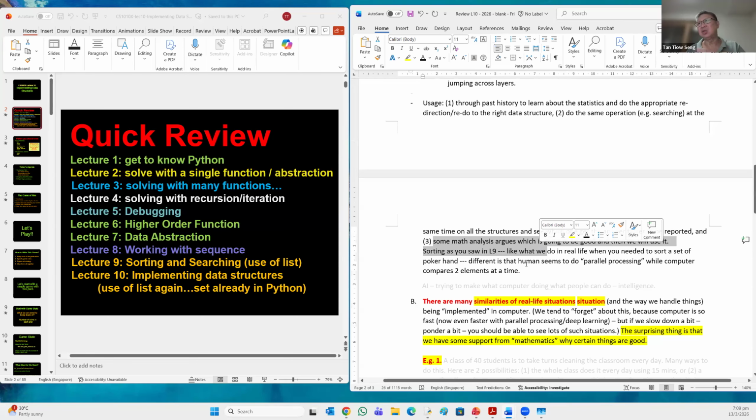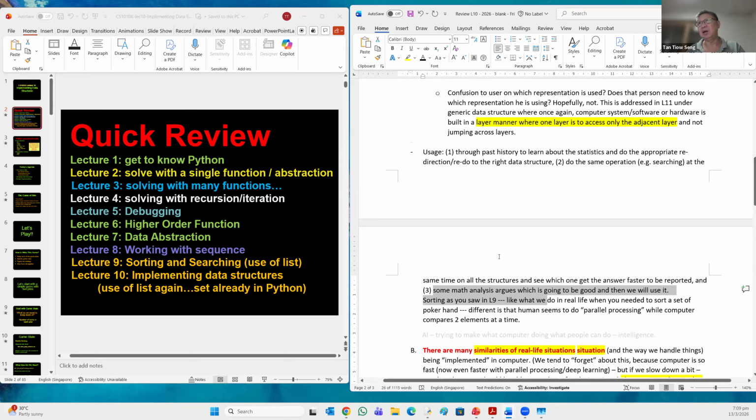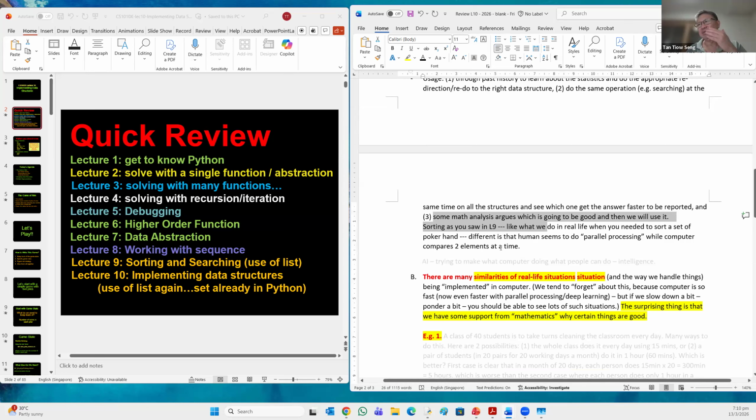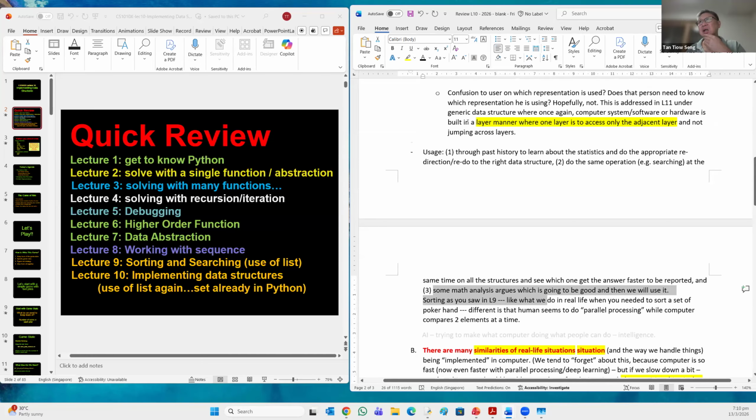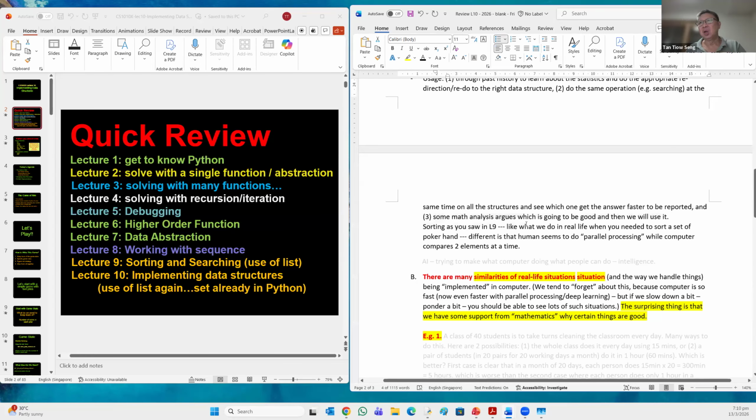So multiple representations could be there at the beginning, but it may evolve, and one of them may be removed without the application people knowing about it. As long as you don't get too deep into the layers, you stay on your layer without touching anything below, you will be safe, because computers are developed in a layer-by-layer manner.